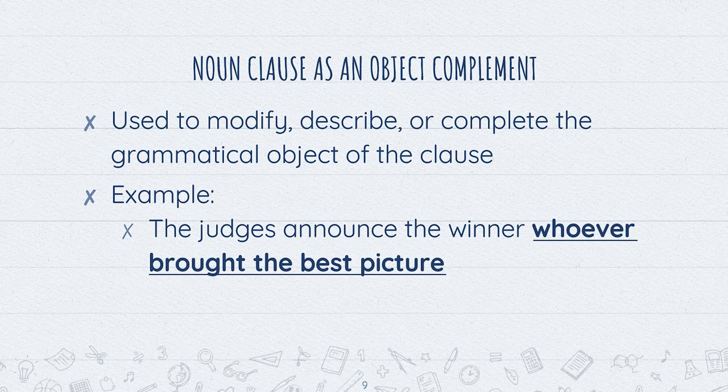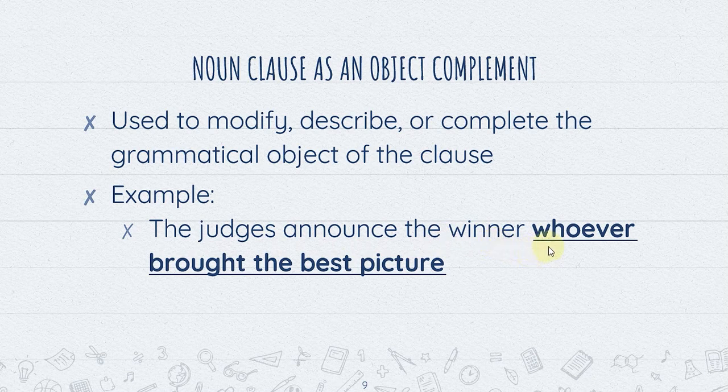As you can see in the example, I have written, "The judges announced the winner, whoever brought best picture." Here in the sentence, "the judges" is the subject, "announced" is the verb, and "the winner" is the object.